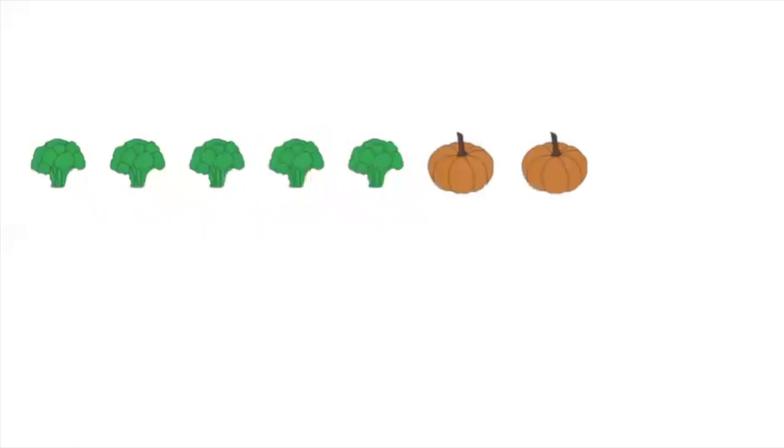Number 1, write the ratio of the number of chairs to the number of tables. Number 2, write the ratio of the number of pumpkins to the green vegetables.